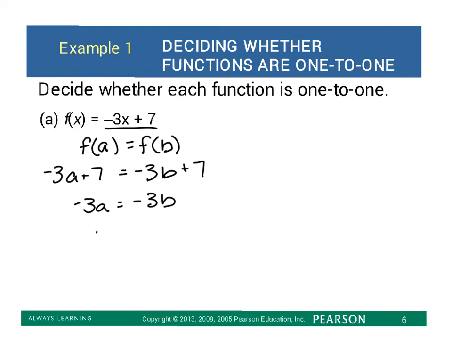Divide both sides by 3, we get a equals b. So if f of a equals f of b implies a equals b, then it is a one-to-one function. So this tells us that this is a one-to-one function.